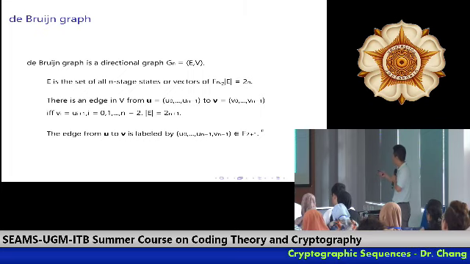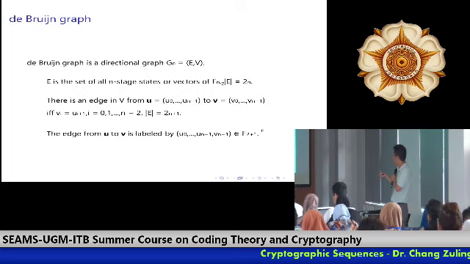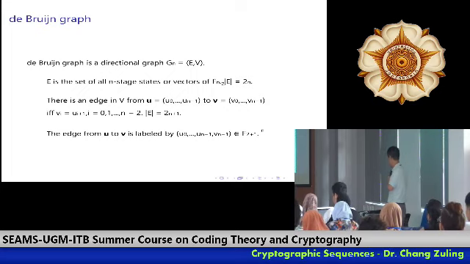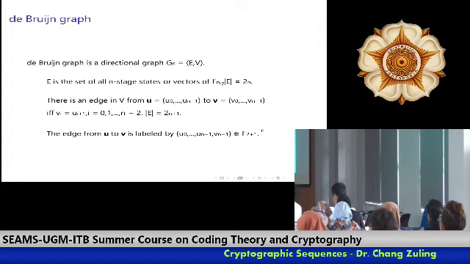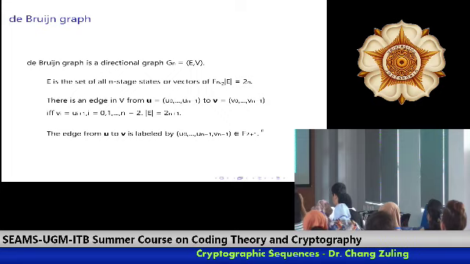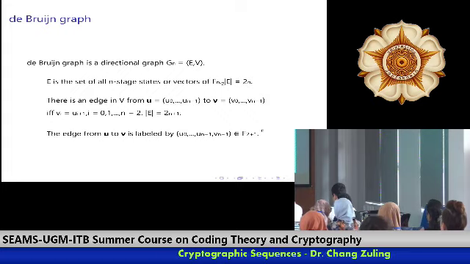Each edge is labeled by u_0 to u_{n-1}, v_{n-1}. So from this state to this state will be labeled 1110110, and this to this one will be labeled 1110111.